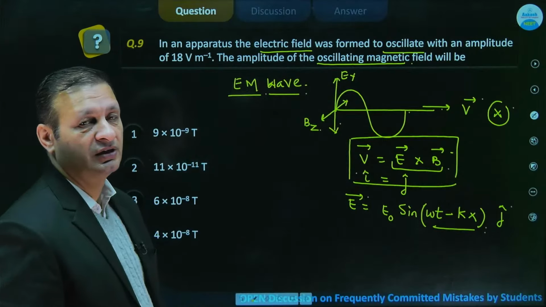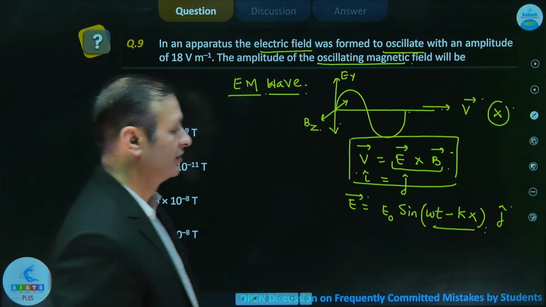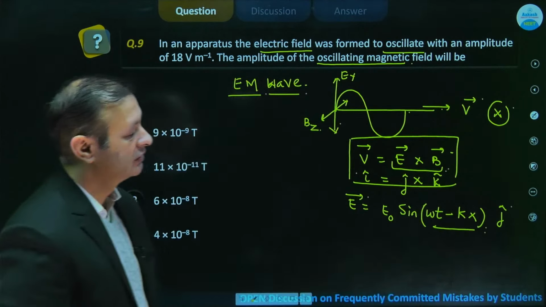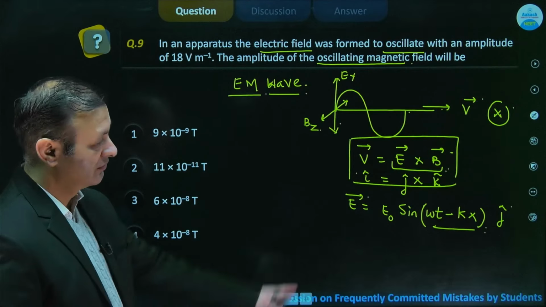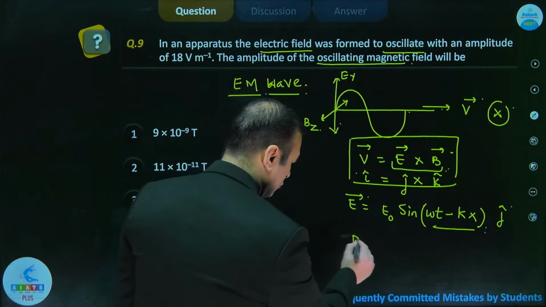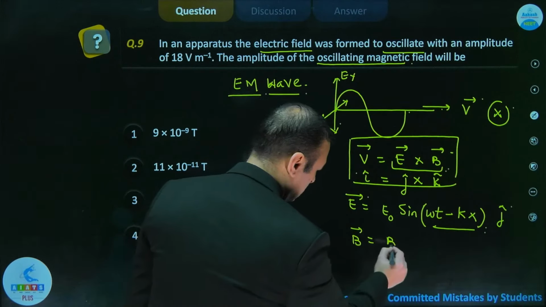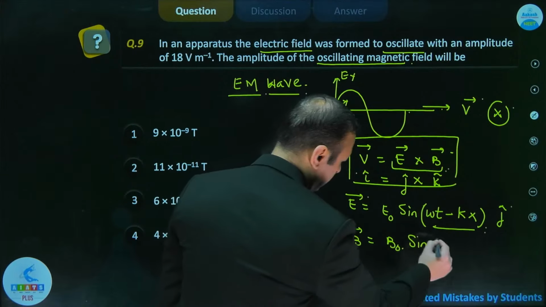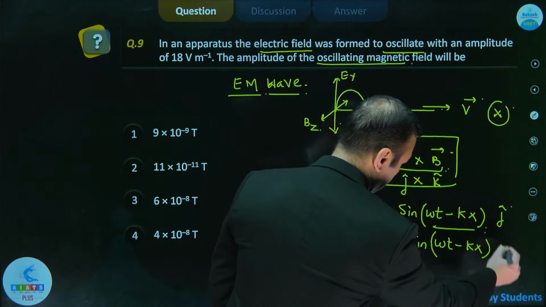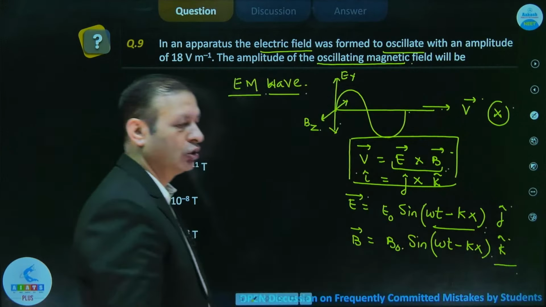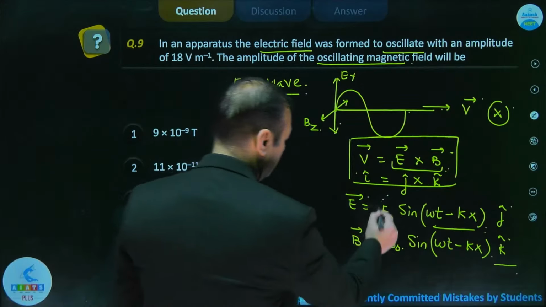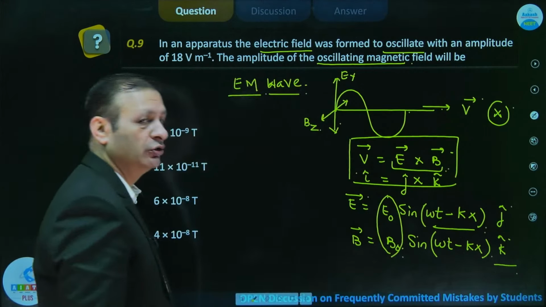So J cross K defines I. So we know the magnetic field would be along the K axis. How do you define the magnitude? We'll keep it B naught sine (omega t minus kx), along K. How are these two related to each other?